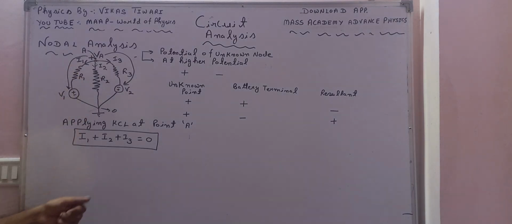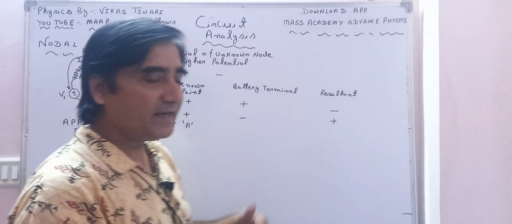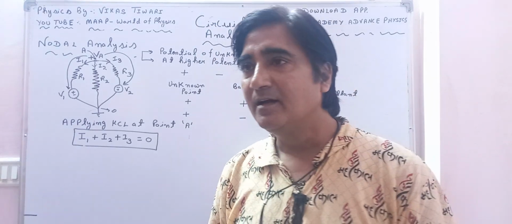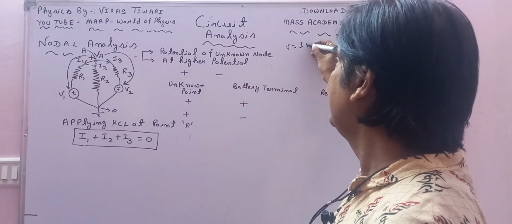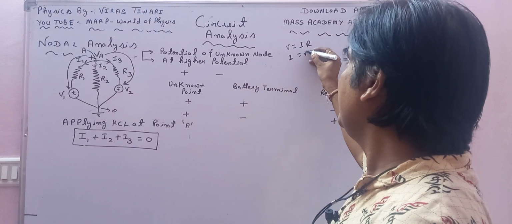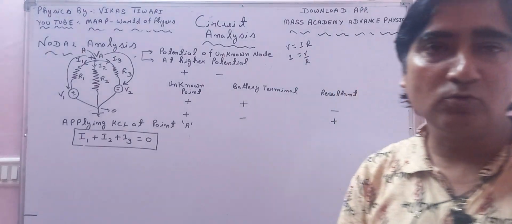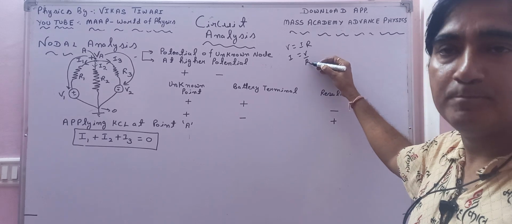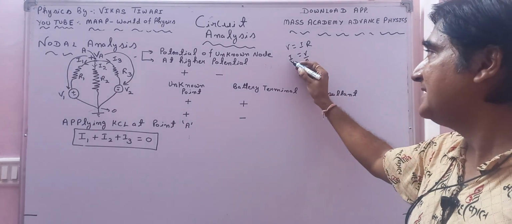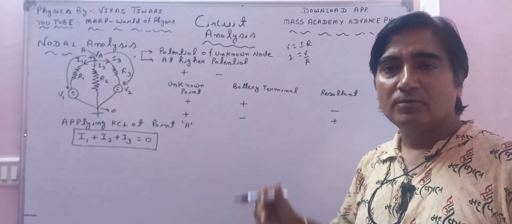What is the power of nodal analysis? It converts the current into voltage. How does the current convert into voltage? V is equal to IR, so I is equal to V upon R. Whenever voltage is divided by resistance, its dimension is equivalent to current.